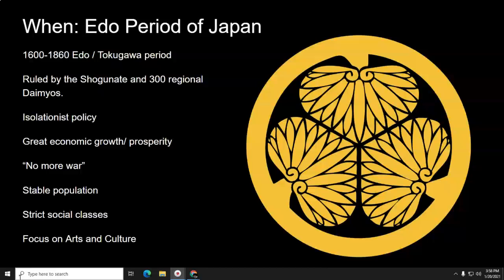But because of their structure, they had great economic growth and prosperity during this time period. It was a time period of eternal peace. There was no more war. Previous to this time, there was a lot of infighting among various shoguns that was then consolidated and between various nobilities.